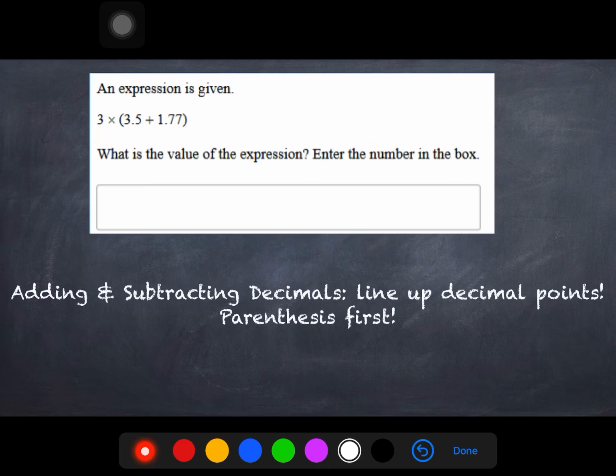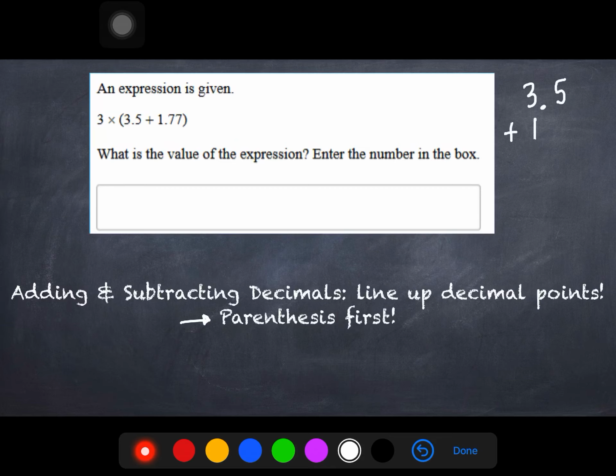The next thing we're going to review is adding and subtracting decimals. We remember to line up your decimal point. But in this expression, 3 times the quantity of 3.5 plus 1.77, there's parentheses, and you must follow order of operations if those parentheses are there. So you're going to add your decimals first.